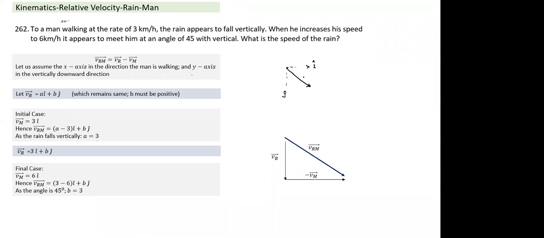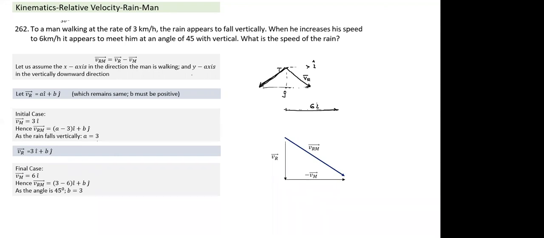How would this rain appear to be falling to a man who's moving with the speed of this? One division is equal to 3. This division also 3. In the second case, the man is walking with the speed of 6 i. So what will happen to him? He is giving a velocity up like this. So how would the rain appear to be falling in the second case? The second case VRM will be like this.